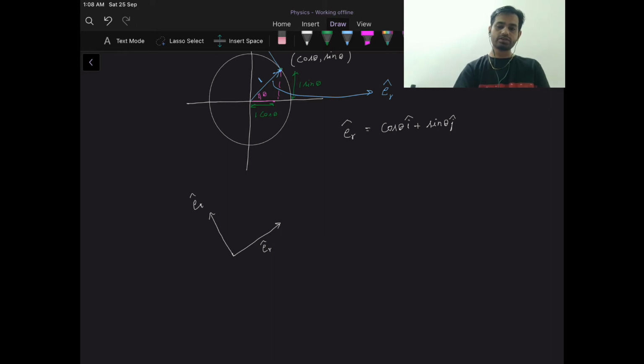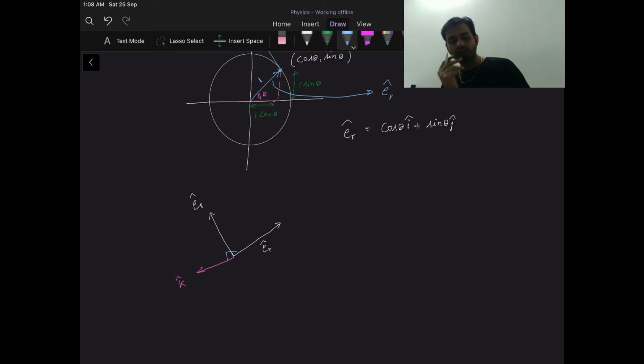You can assume that k cap is out of the plane. You have to remember this: k cap is out of the plane.